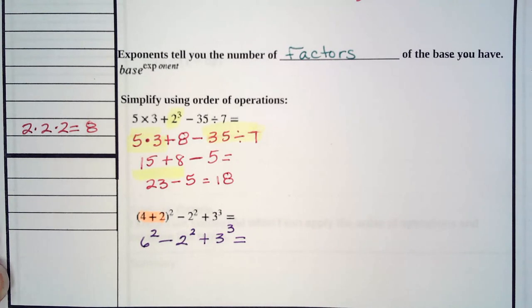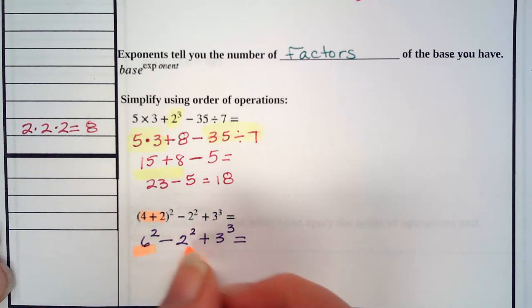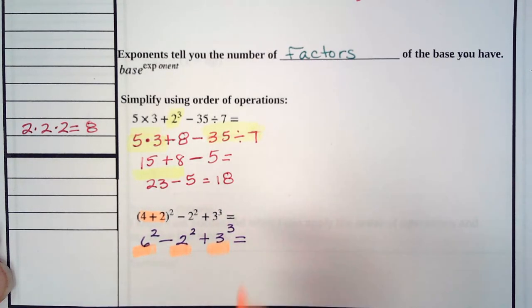Okay, now what do I do? I've done my parentheses. What comes next? Well, I've got 3 exponents and I can do them all at the same time. I don't have to do one at a time.